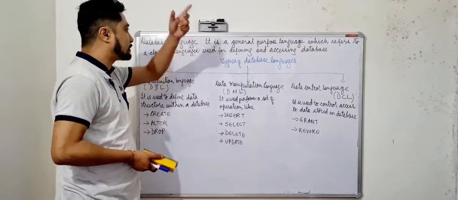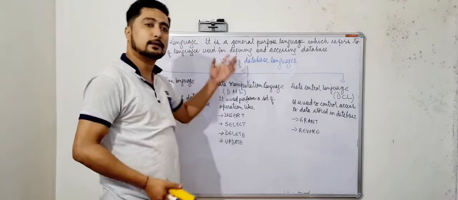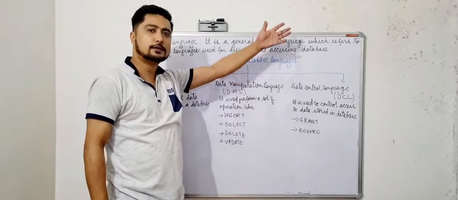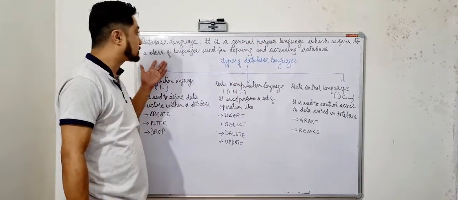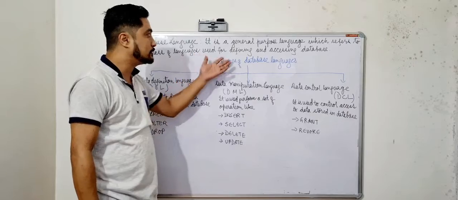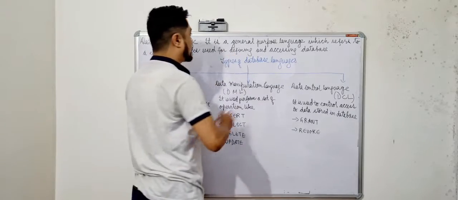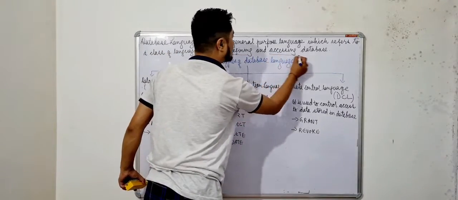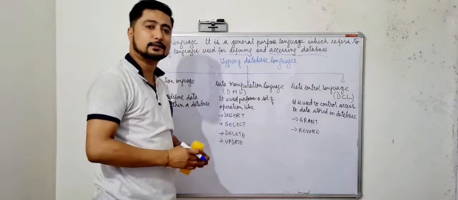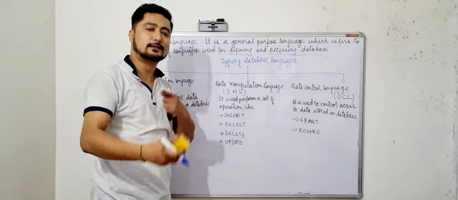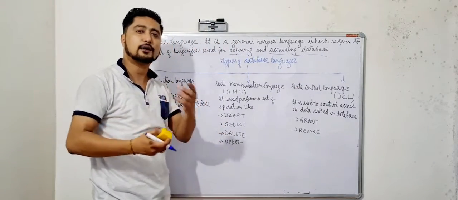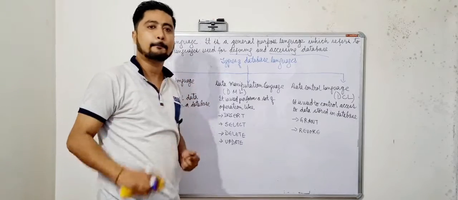A database language is a general purpose language which refers to a class of languages used for defining and accessing the database. Defining means creating, and accessing means to access the data stored in that database.